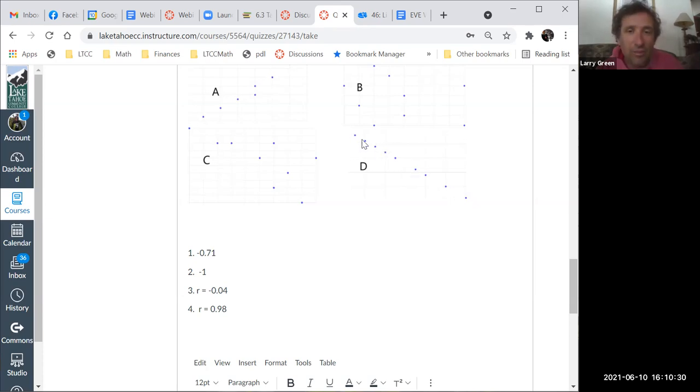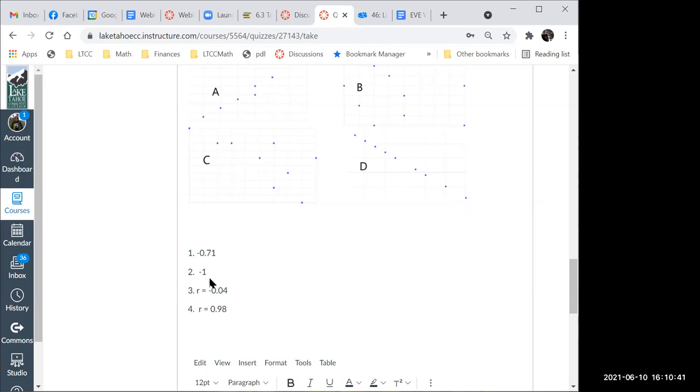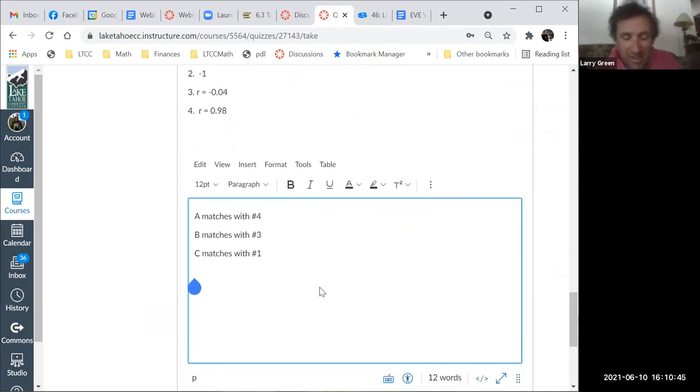So if it's perfectly on a negatively sloped line, what is always the correlation? -1, and that's choice 2 here. So D matches with 2, which is good because I try not to give trick questions. Any questions at all on this particular question of the quiz?